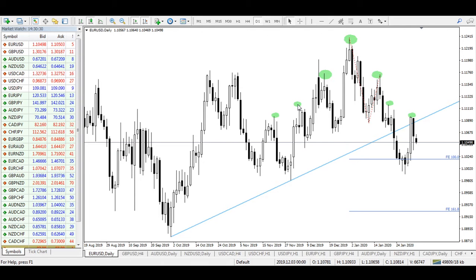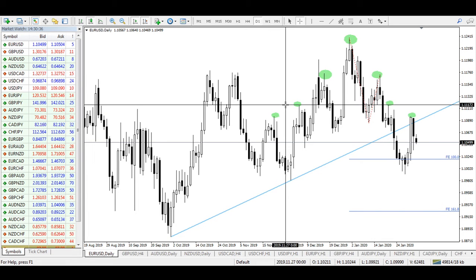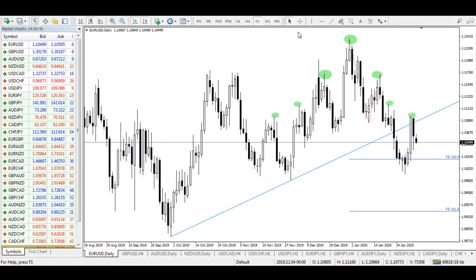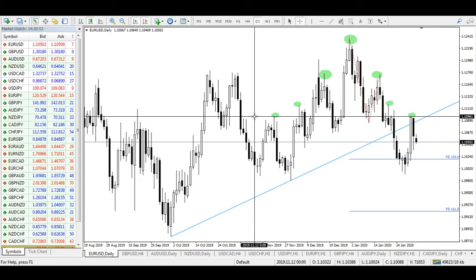So this swing high and this swing high are very similar, in the same area, and that area was 1.1017. Next time Euro USD went above, it made a high around this previous high. So this swing high and this swing high are very harmonic to each other, exactly at the 1.0995-96 area.